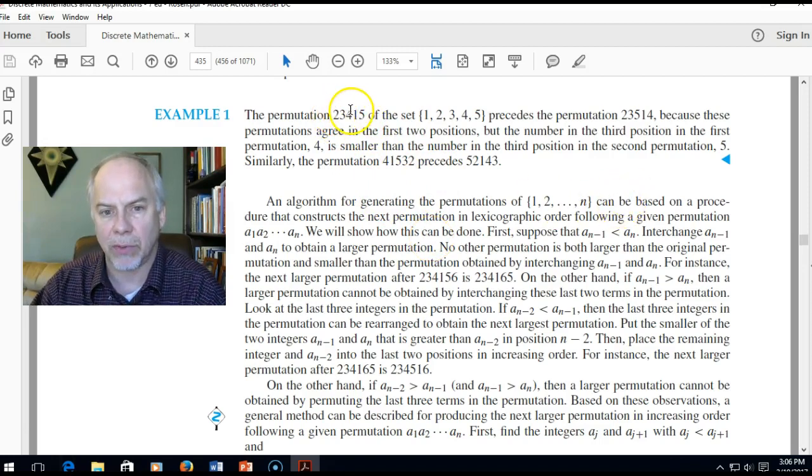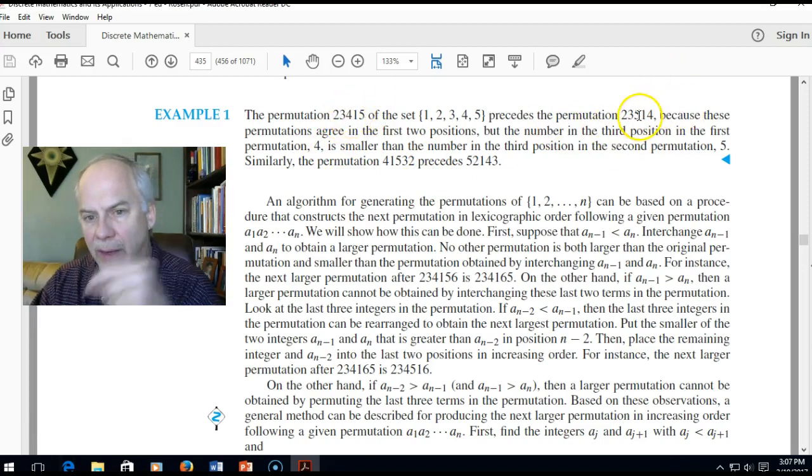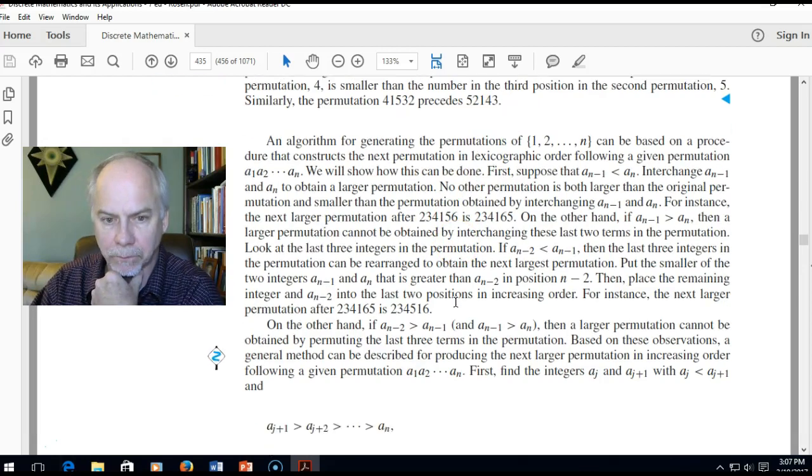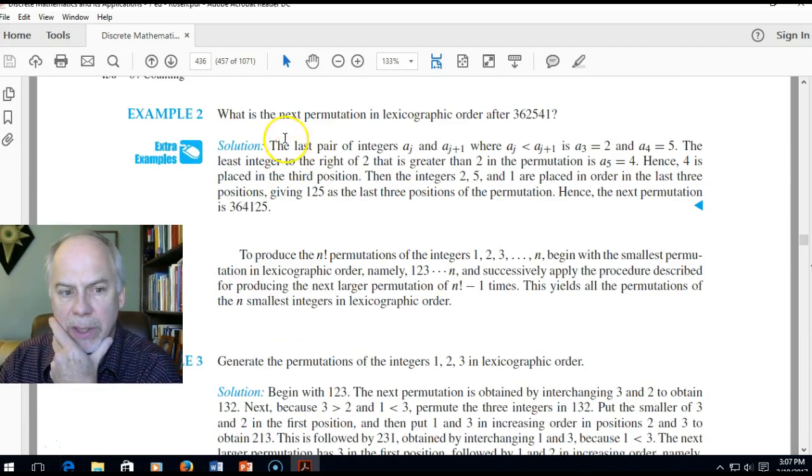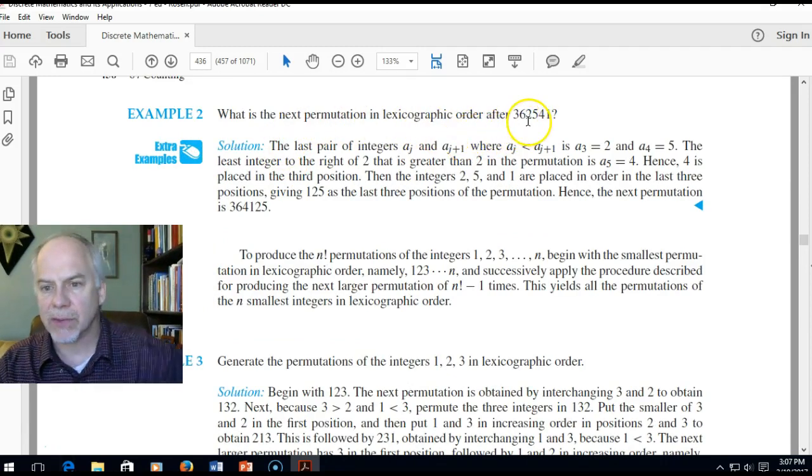The permutation 2, 3, 4, 1, 5 precedes the permutation 2, 3, 5, 1, 4, and you can look at why that's the case, because the 4, 1, 5, if I replace the 4 with 5 and then I use a 1, 4, then that would be the very next one.